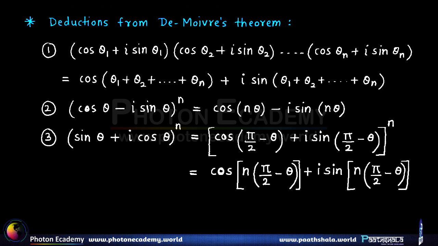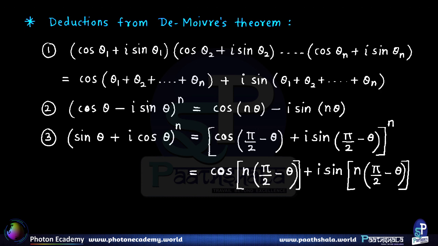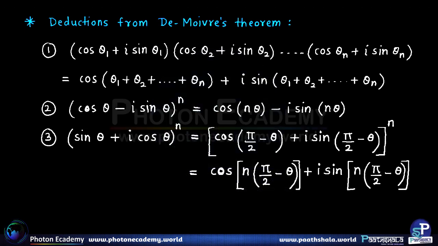So therefore we must first convert the sine and cos into cos and sine respectively using the fundamental identity, that is sin theta can be written as cos of (90 minus theta), and similarly cos theta can be written as sin of (90 minus theta). So using these two identities, first we convert the left hand side, and now we apply the de Moivre's theorem so that the angles pi by 2 minus theta get multiplied by n. So that is what we get as the final answer.